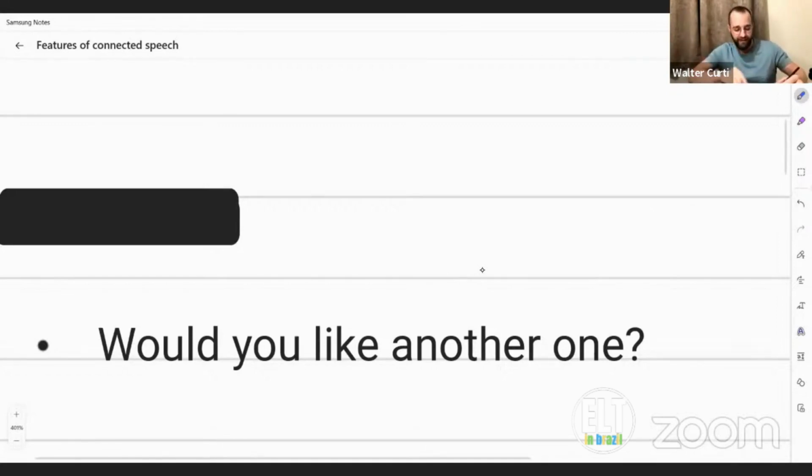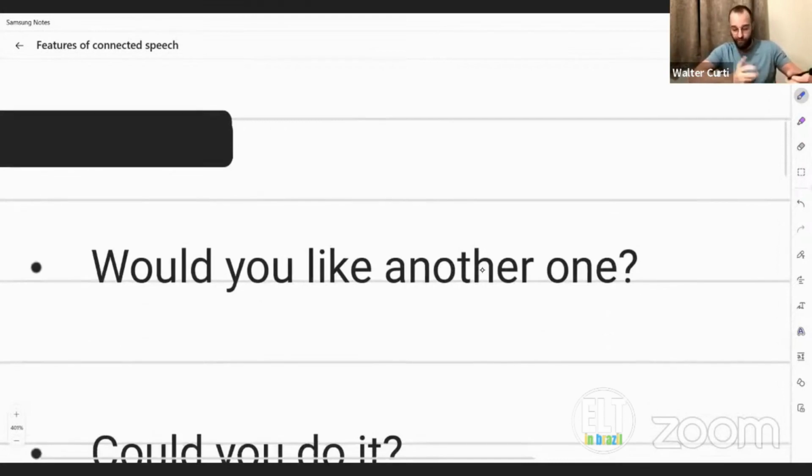So again, if you get the word would, if you transcribe it, it would be would. And then you have you, right? But when you put it together, you see that the sound of D is changed together with this. So it becomes one sound.